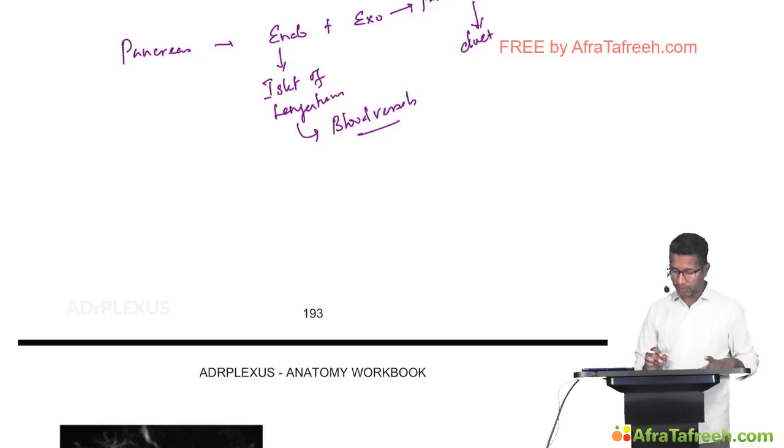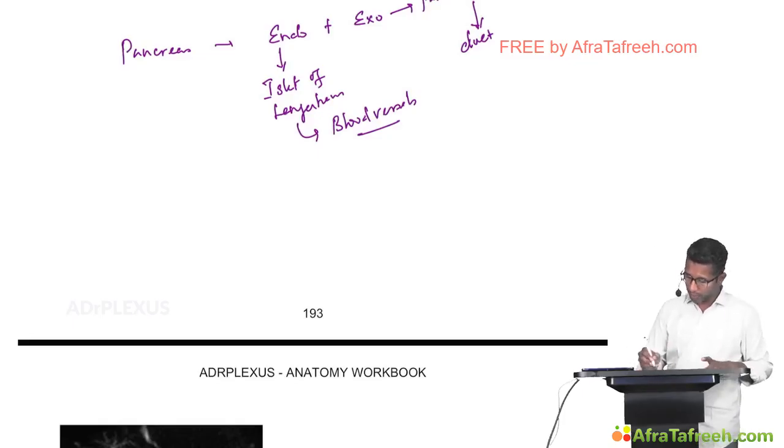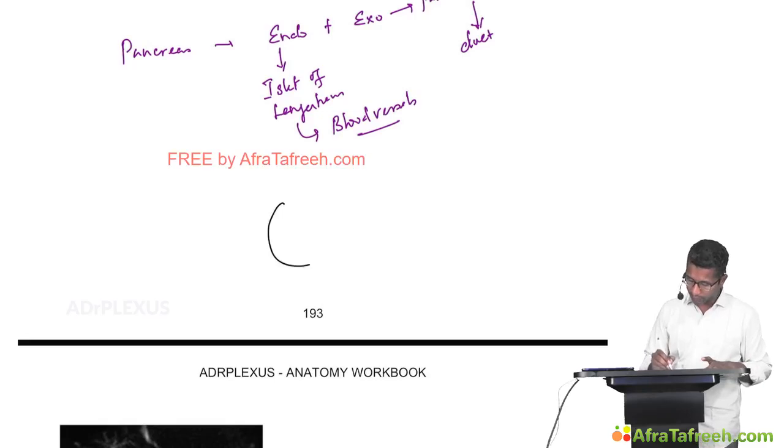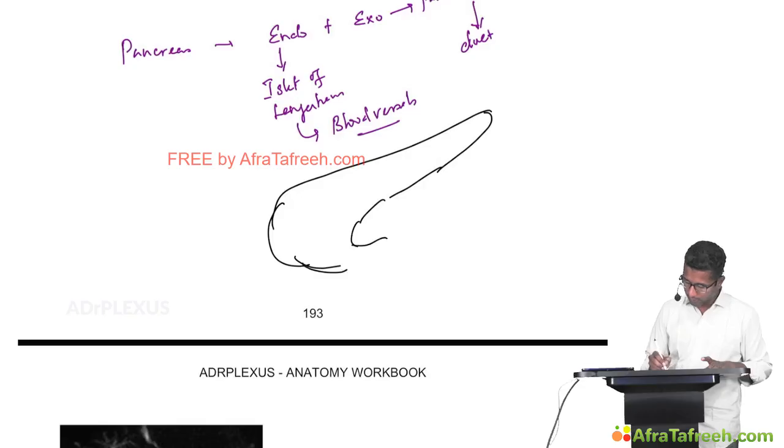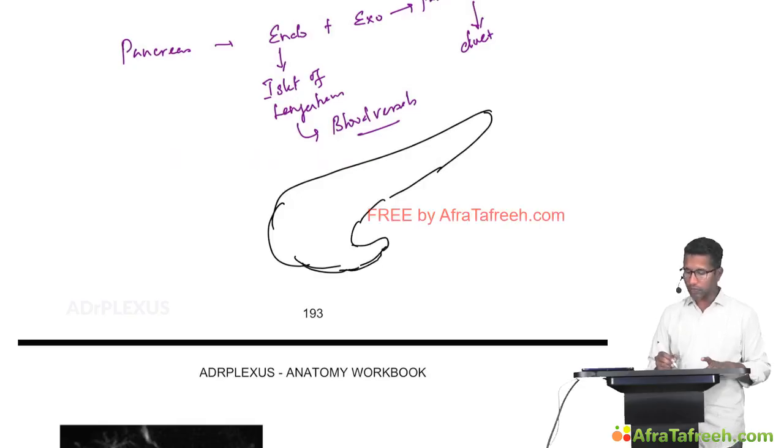If you see the pancreas, you know the parts of the pancreas very well now. We have discussed the parts: the tail, body, head, neck, and the uncinate process. There is a duct which runs in the tail and the body of the pancreas.